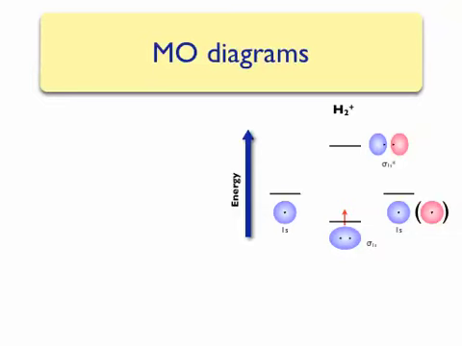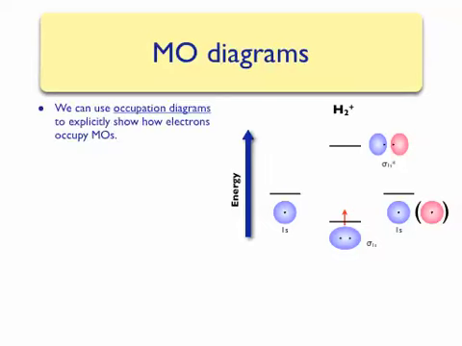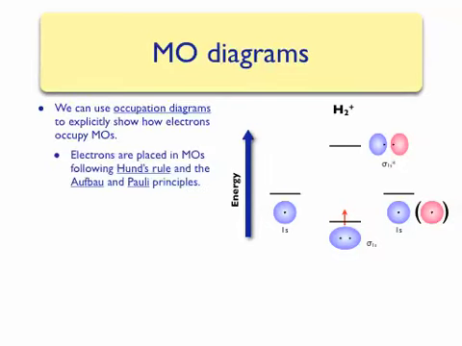Our molecular orbital diagram usually shows the energies of our atomic orbitals on the left-hand and right-hand sides. In the middle are the molecular orbitals, labeled appropriately. We place electrons in our molecular orbital diagram by following the same rules we follow for writing orbital occupation diagrams for atoms.